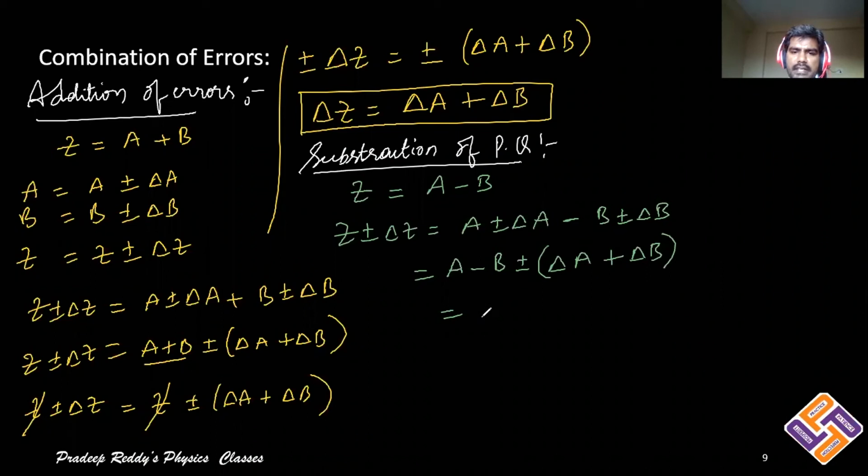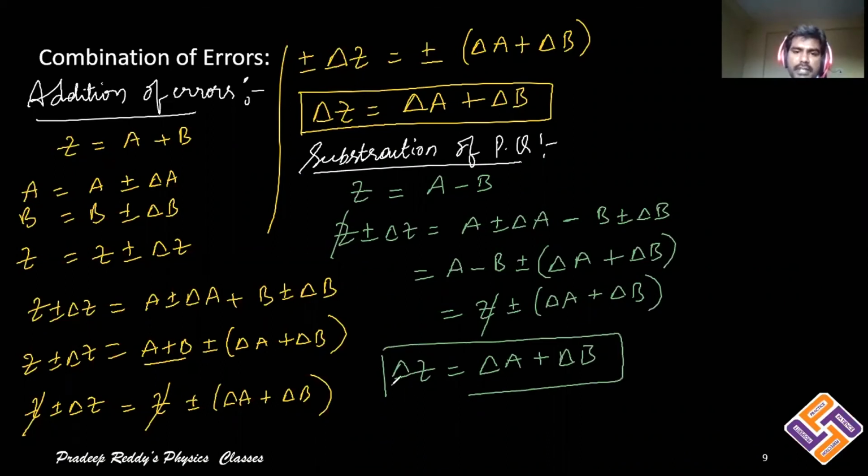A minus B is Z plus or minus delta A plus delta B. That is, Z and Z get cancelled. What you are getting? Delta Z is equal to delta A plus delta B.